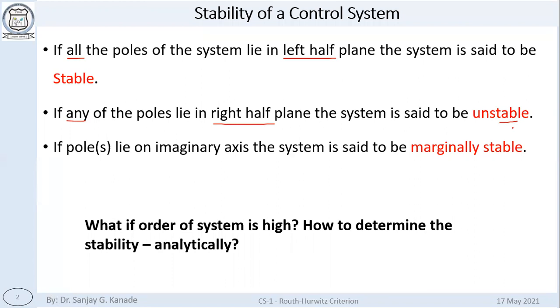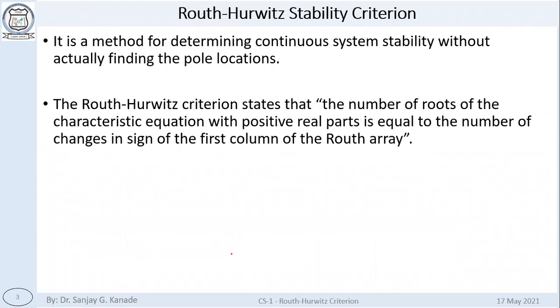It is extremely difficult, or at least quite time consuming, to find out the roots of a higher order polynomial. So it is not always possible to find out the stability of the system analytically just by finding out the poles of the system.